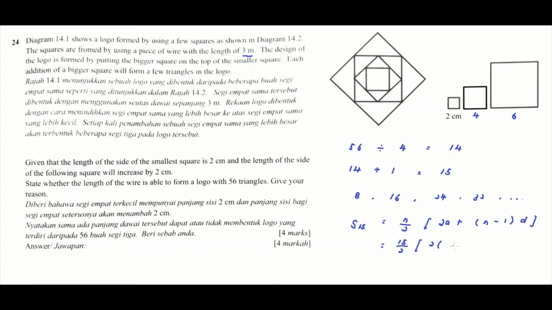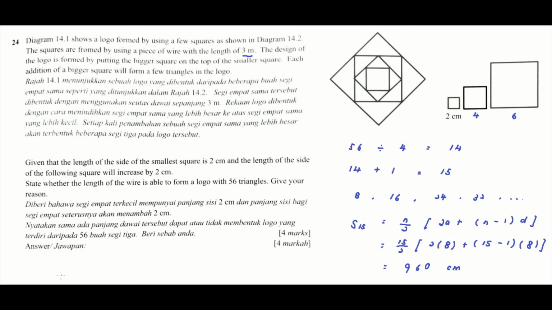The first term is 8. Then plus 15 minus 1 multiplied by d. You can see the d is 8, 8, 8, so it's positive 8. After that, you can just use your calculator and you will be able to get 960. So this is 960 cm. But when we compare, it's actually far more different as well.